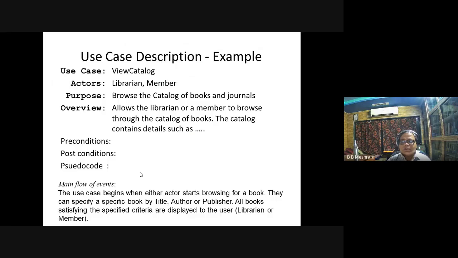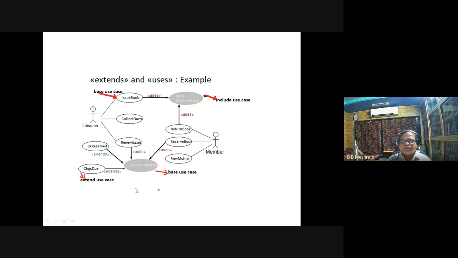They can specify a specific book by title, author, or publisher. All books satisfying the specified criteria are displayed to the user, that is, librarian or member. So, in a view catalog use case, librarian and members are the actors, and this is the main flow of events.